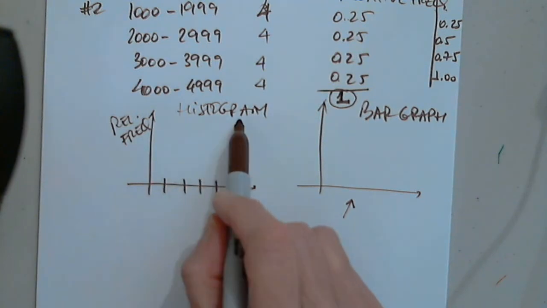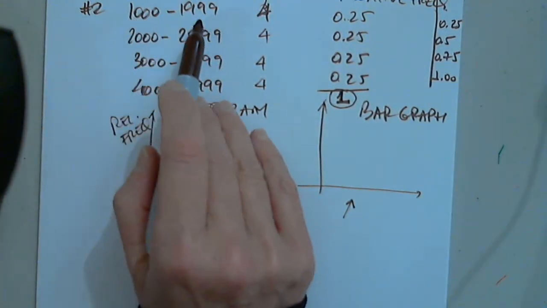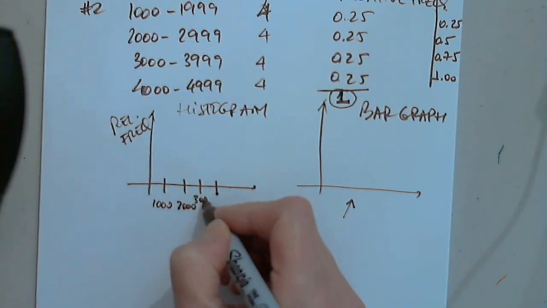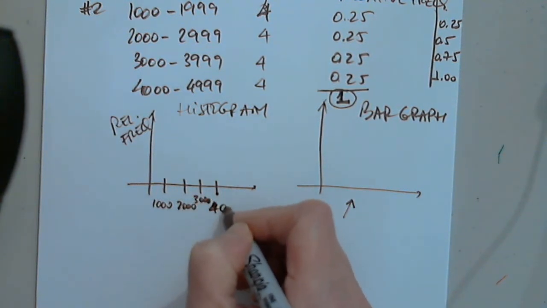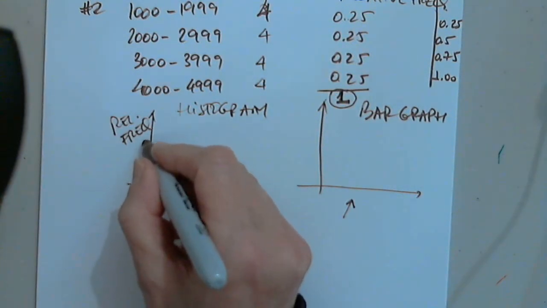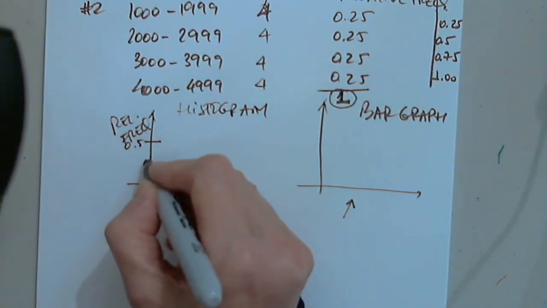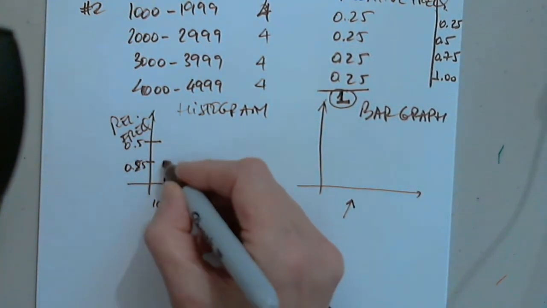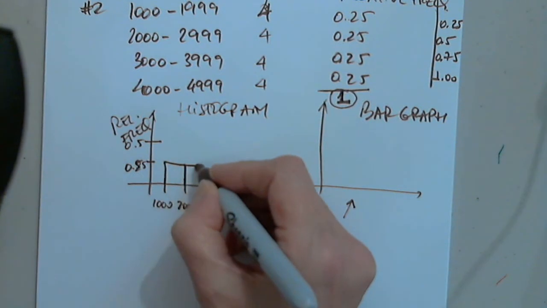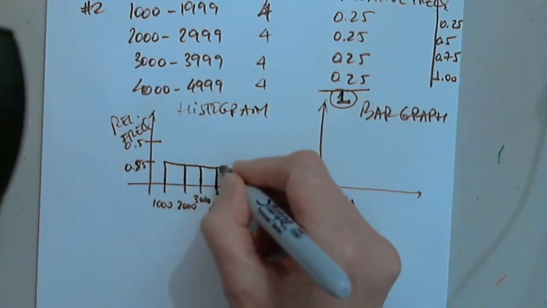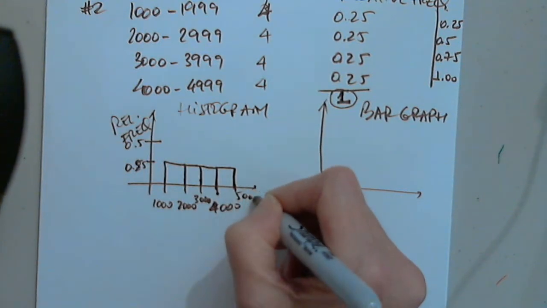So now for the histogram, between 1,000 and 2,000 basically. So this is 1,000, this is 2, this is 3, and this is 4, right? So then I have, let's say this is 0.5. So 0.25 will be right here, 0.25. So then this, and this till 5,000.